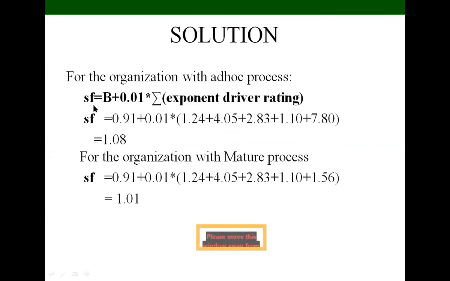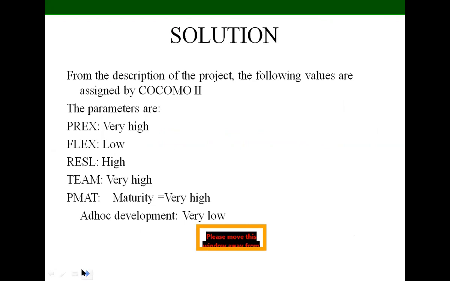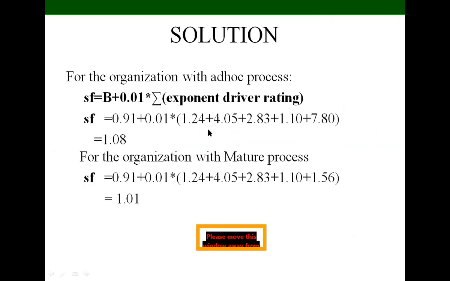Organization ad hoc process for B equal to, you know, already formula 0.91 and exponent driver. So depending on the very high, low in the table, we are taking the values as 1.24, 4.05 and 7.80. So by calculating this, we get the value SF is 1.08.